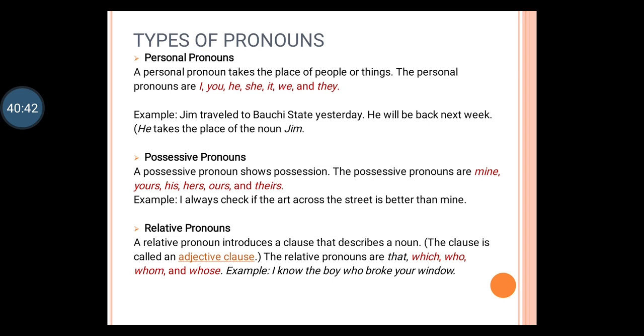The relative pronouns are that, which, who, whom, and whose. So a relative pronoun introduces a clause that describes the noun.